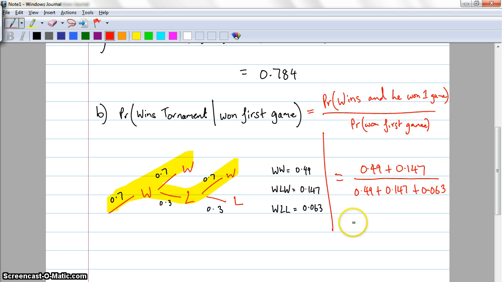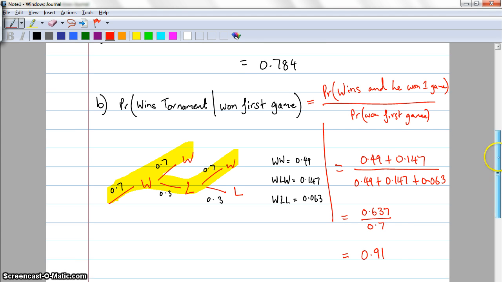Okay? When I do these calculations, 0.49 plus 0.147 is 0.637, and 0.49 plus 0.147 plus 0.063 is 0.7. And when you do those two things divided by each other, that becomes 0.91, which is the answer.